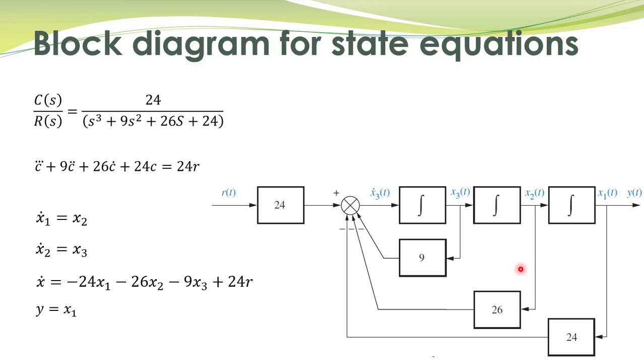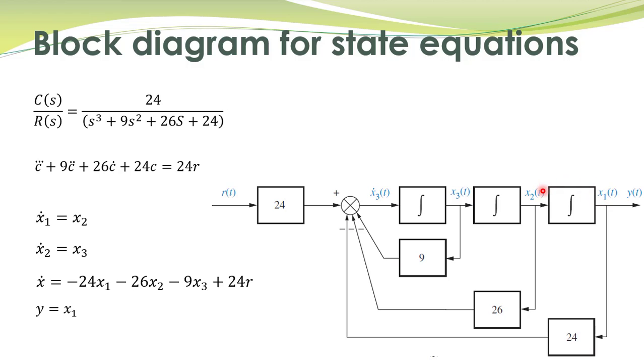How do we obtain this block diagram? If we look at this variable x1, what will be this signal? If this signal is x1 dot, then this is the sign of integral, so this will be x1. The integral of x1 dot will be equal to x1. So x1 dot is the same as x2.